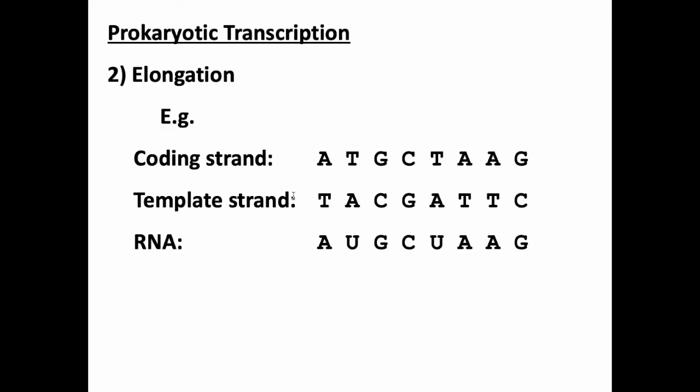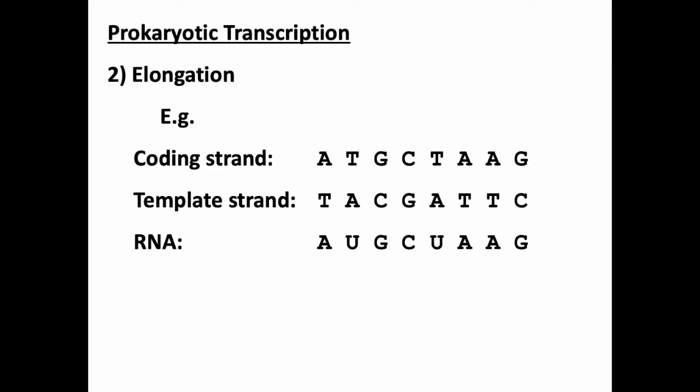We know what the template strand sequence is going to be like. The template strand is complementary to the coding strand. These are just two strands of DNA. DNA is always complementary to itself in its two strands. A pairs with T, T pairs with A, C, G, A, T, T, C. Easy. It's DNA to DNA.